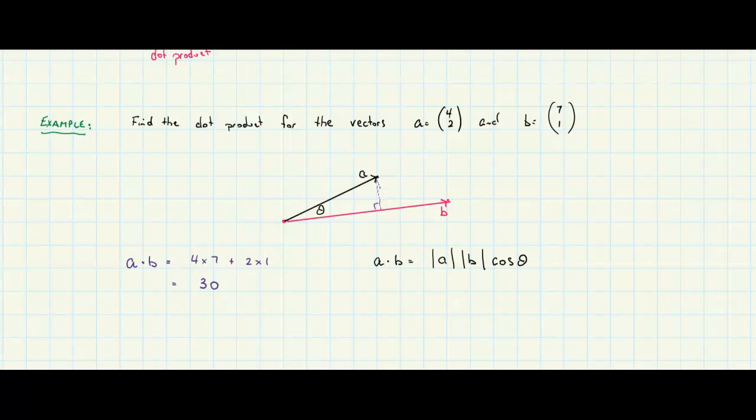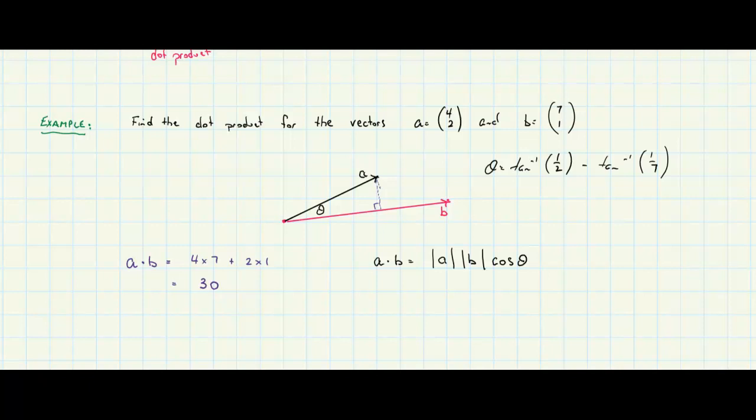So this is also going to enable us to find the angle between vectors very quickly. Sure, we could find that angle using trigonometry. We could find theta by taking tan inverse of a half and subtracting tan inverse of 1/7, just using the angles made with the horizontal by both those vectors.